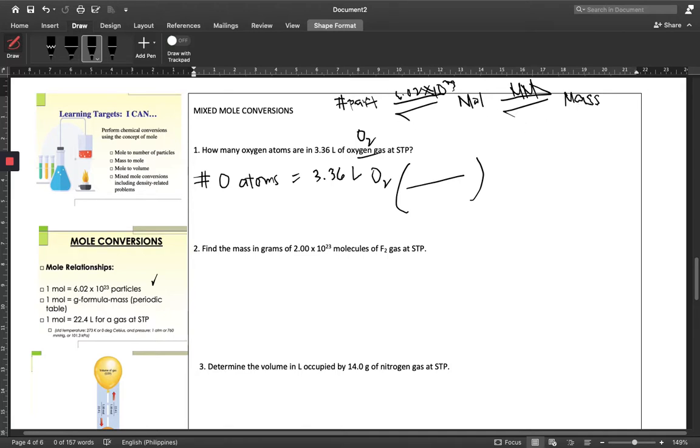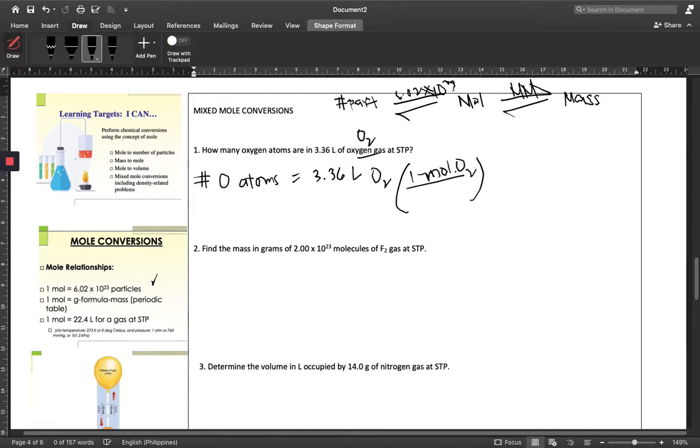But this time we do have liters, which is a unit of volume. So we must know from the previous example that the liters here can be converted into the number of moles. We know for a fact that 1 mole of oxygen molecules, that's mole O2.